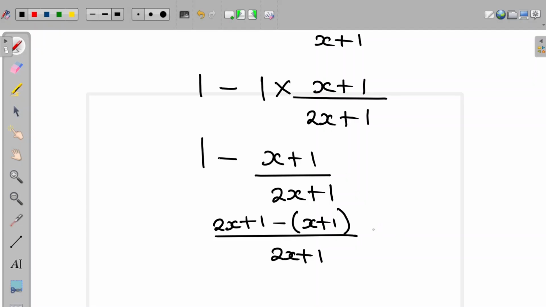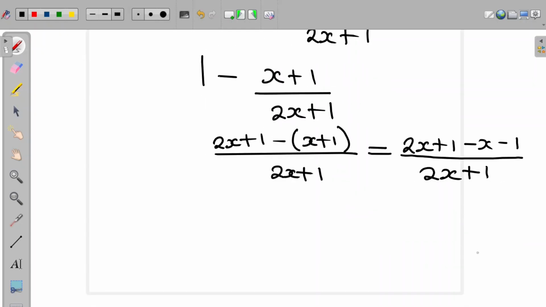So if we simplify our numerator, the expression becomes 2x plus 1. We'll use the minus sign to open up this bracket. So we have minus x minus 1, all divided by 2x plus 1. So at this point, we can rearrange our numerator.